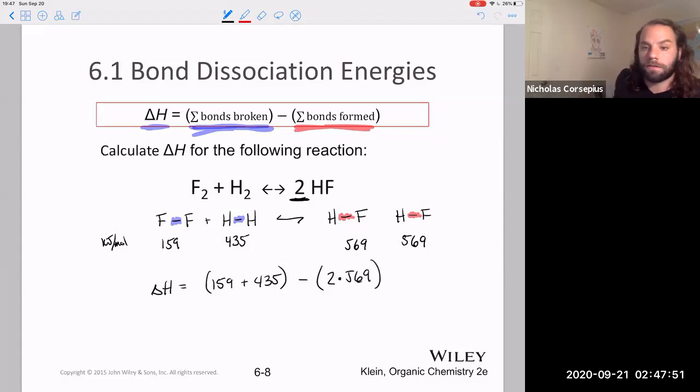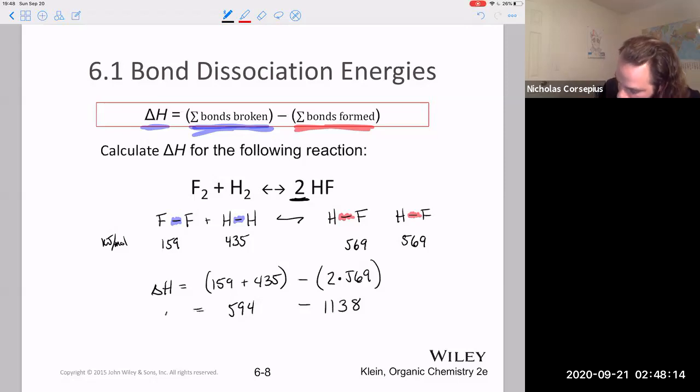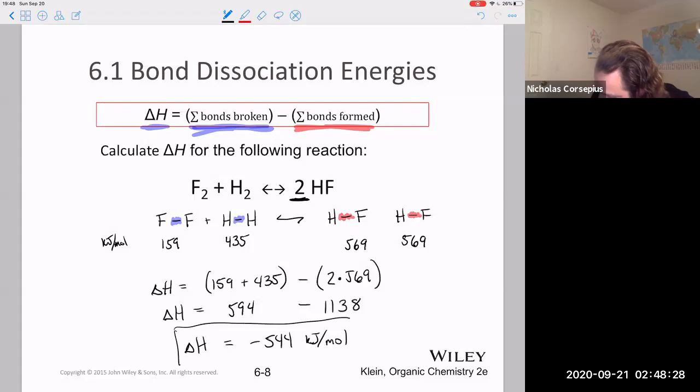Okay, I don't know what that is off the top of my head. 159 plus 435, so we have 594 minus 1138, which means that my delta H for this reaction is going to be negative 544 kilojoules per mole, which is actually a humongous amount, but yes.